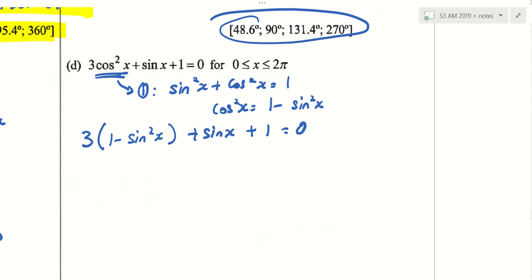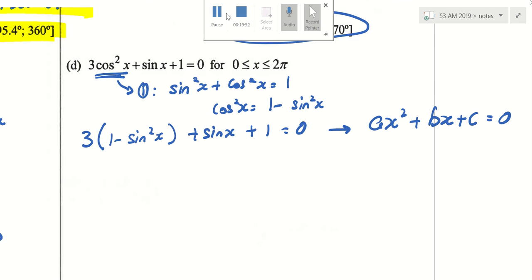So far so good? Okay. Do you know how to continue? Expansion. Rearrange, Isabel, I give you a clue. Rearrange into ax squared plus bx plus c equals 0. Do you understand? Then do the mode 3 3 thing. Okay, good. When do you know you reject? When you press the reference angle and it gives you an error, then you reject. Sin x equals 4 over 3, no answer because bigger than 1.